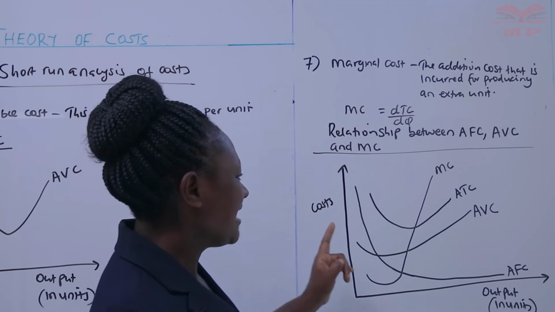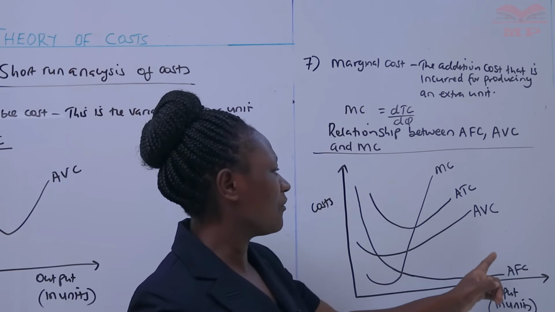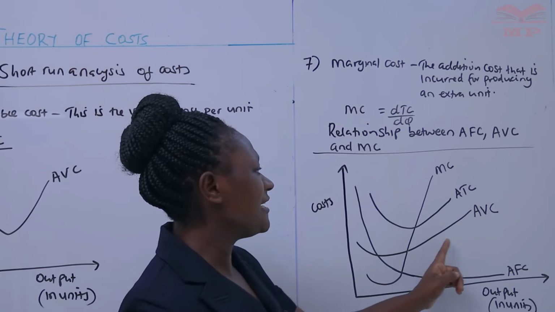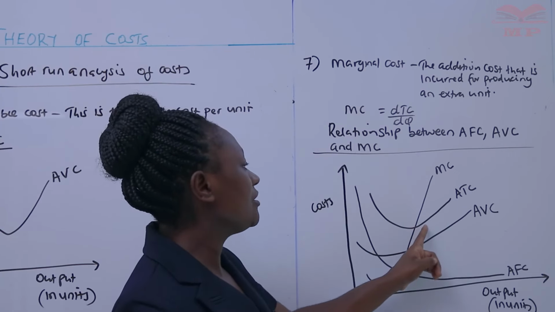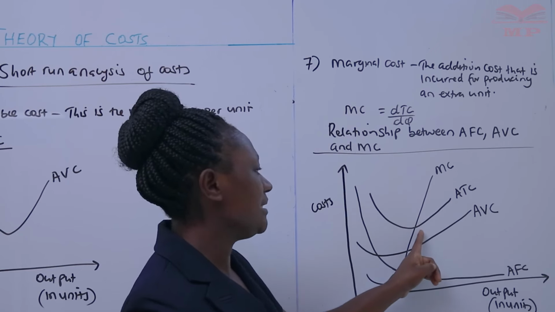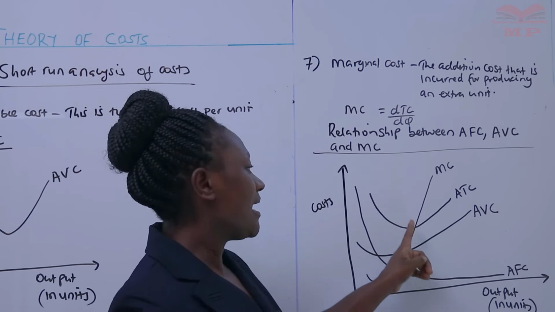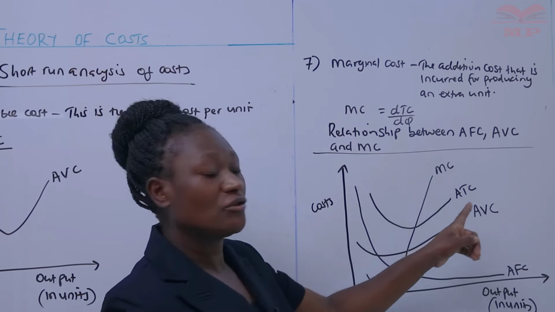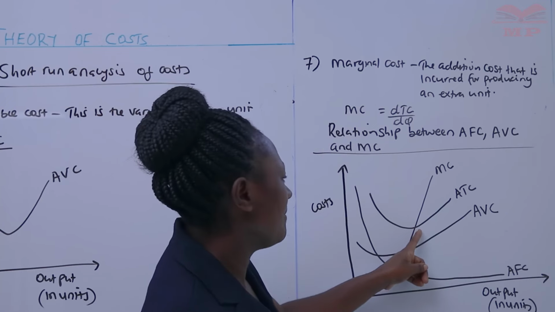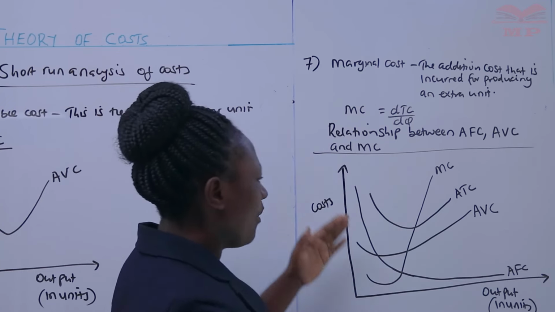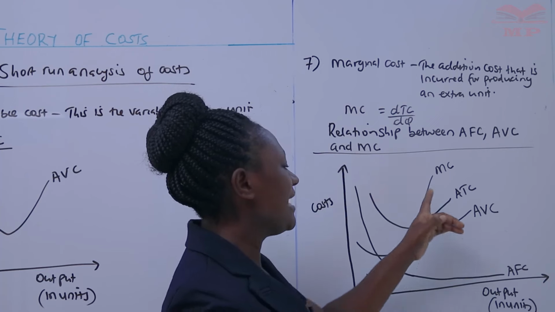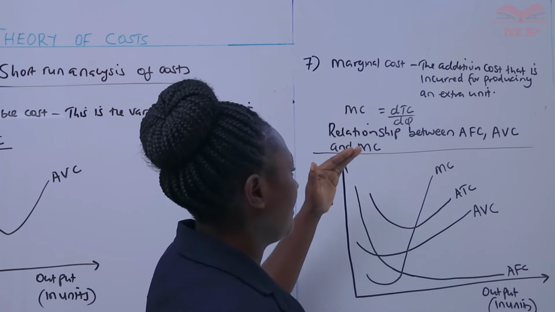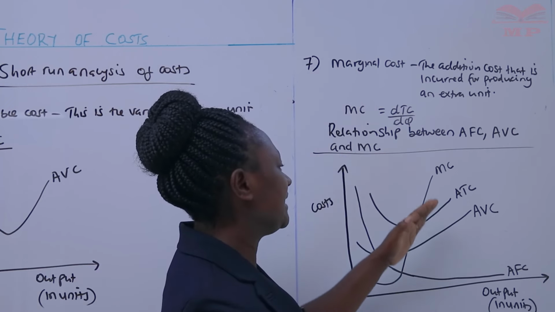And at the intersection of marginal cost with the average variable cost, the average total cost must be at its minimum. And then once we have that intersection, when the MC is above the average variable cost, the average total cost is increasing.